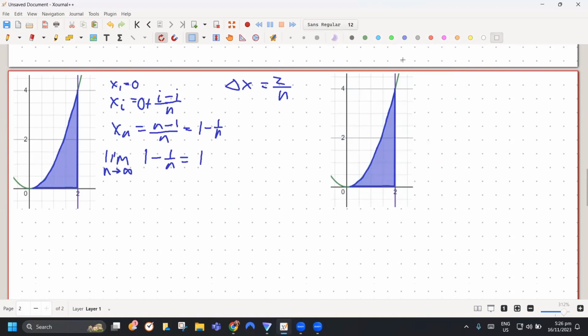Para makita mo ano dapat yung x1 at saka x2. Ito lang yung x2. So, ano yung value ng x1? So, x1 is 0, x2 is 1.